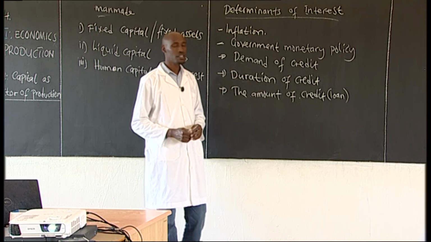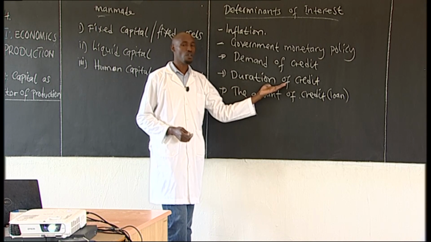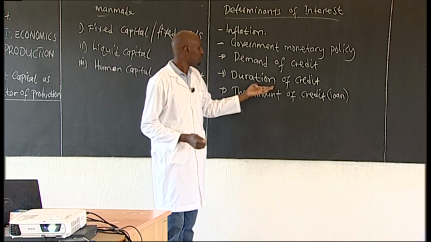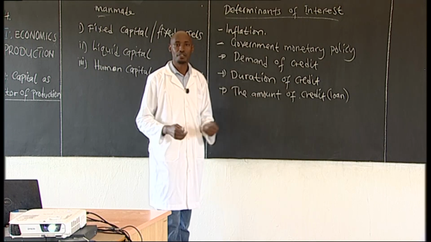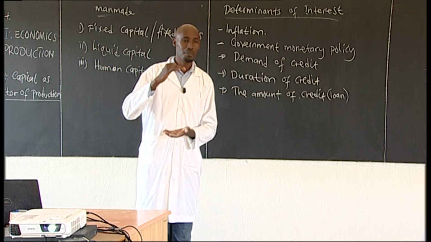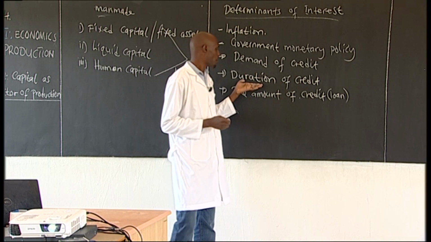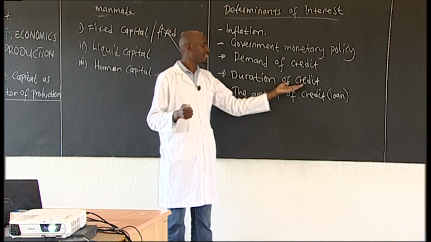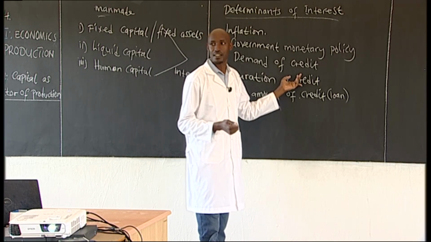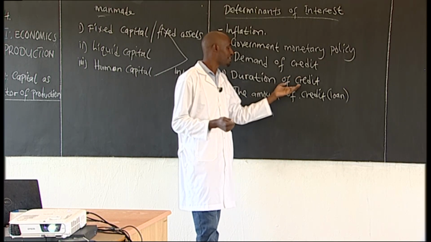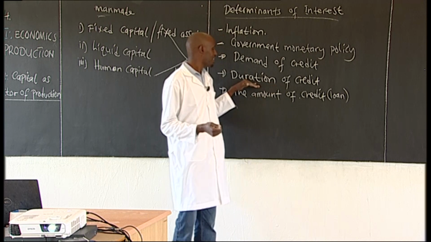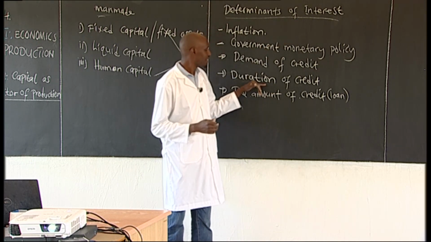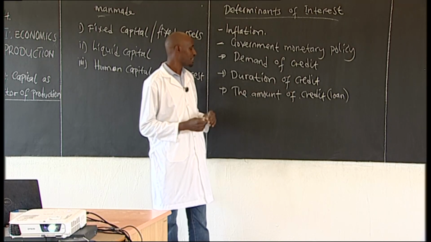Then duration of credit. The loan you are taking, if it's going to take some time, let me say someone is taking a loan for 10 years, another one is taking for 1 year, then for you, your interest rate will be high, and for this one, the interest rate will be low.